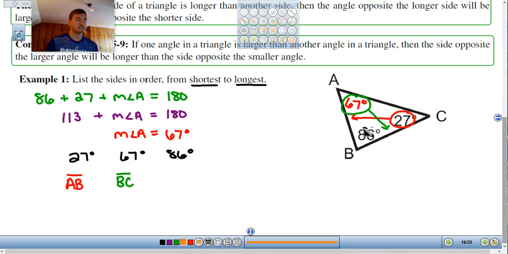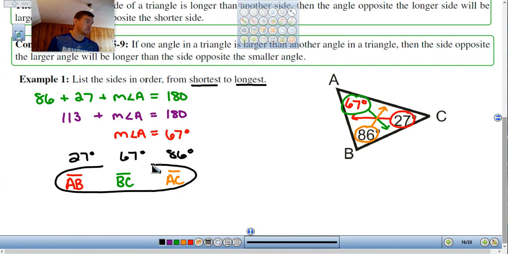And lastly, 86 is associated with AC and is the largest of those three. So that is the order from shortest to longest, listing the sides.